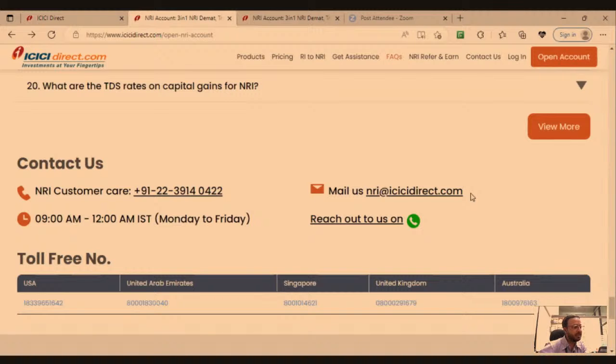Gagandeep, do we need to file income tax if we already deduct capital gains? Yes, income tax has to be filed. Even if we have deducted capital gains, you can file your income tax returns, and there is a TDS certificate which gets uploaded into your account. So let me show you where it is.